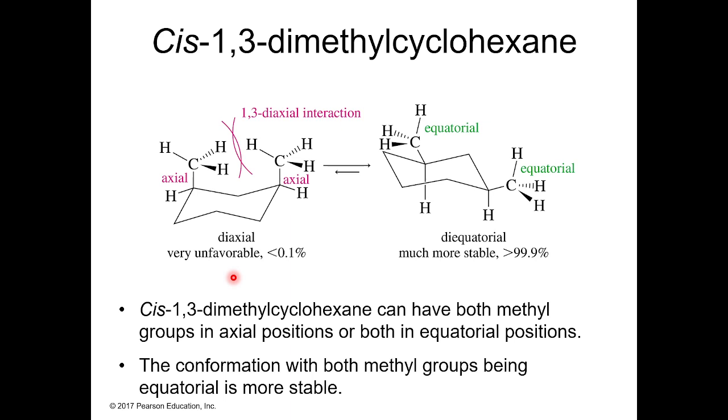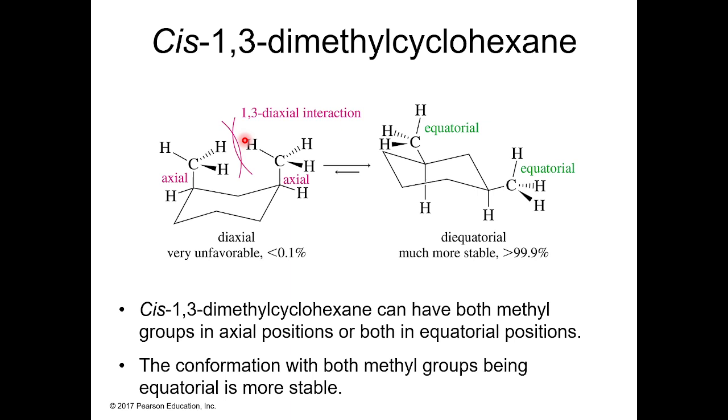Let's go ahead and talk about cis. Cis means on the same side, and trans means on different sides. Right here we see the diaxial again. In this case, though, instead of having a hydrogen on those diaxial positions, remember these positions were hydrogens, we have another methyl group. What do you expect to happen to that 1,3 diaxial interaction? They're bigger, aren't they?